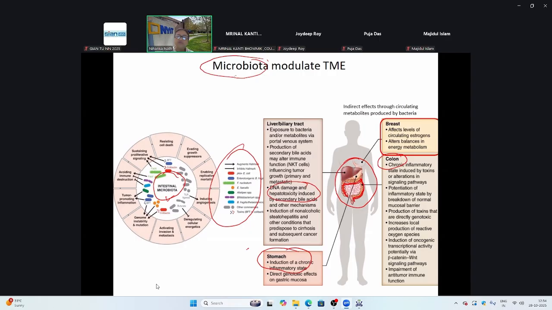But the reverse, which is not written here, is being studied these days: if you have good bacteria in your GI tract, then there are certain diseases that you will never get. Here it is blaming the bacteria for all of that, but it is also the opposite.